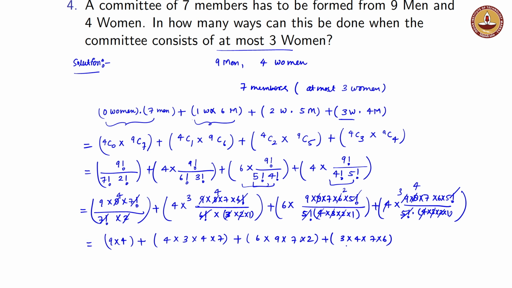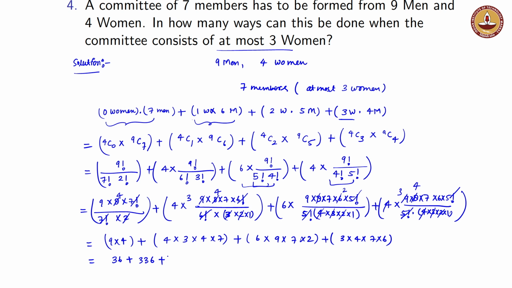So 9 times 4 will be 36, plus this part 4 into 3 into 4 into 7: 4 into 3 is 12, into 4 into 7, so this will become 336.